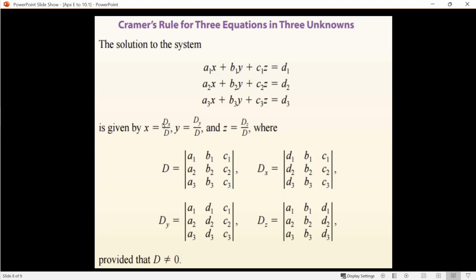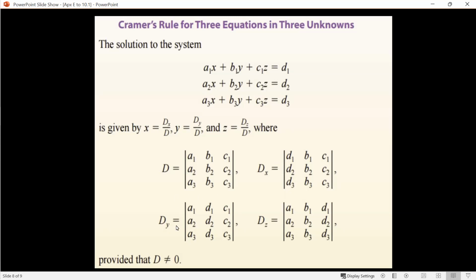We can use Cramer's rule to tell us that the x value is Dx over D, the y value is Dy over D, and the z value is Dz over D, where D is the determinant of our coefficient matrix. Dx, again, is the determinant of our coefficient matrix where the coefficients on our x's are replaced by our constant terms.